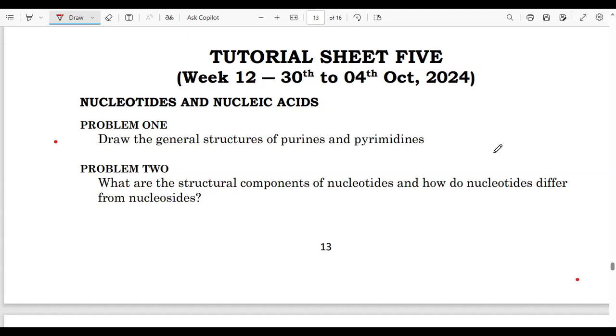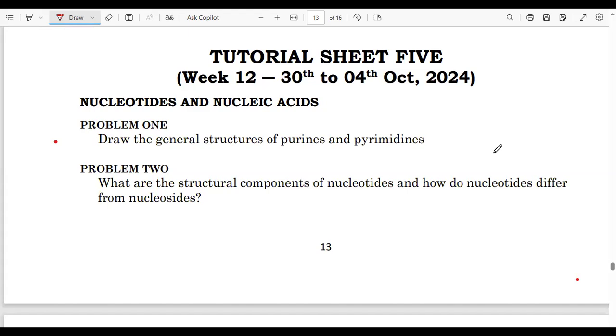The pyrimidines have just a single ring, which is a six-membered ring. These have general structures, and if you add some substituents or functional groups on those general structures, they will end up forming different purines or different what? Pyrimidines.